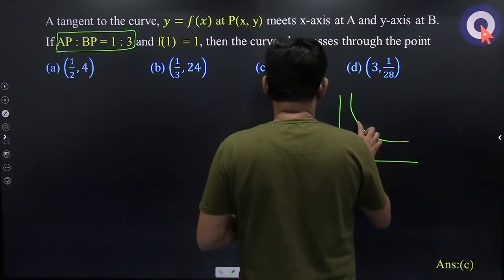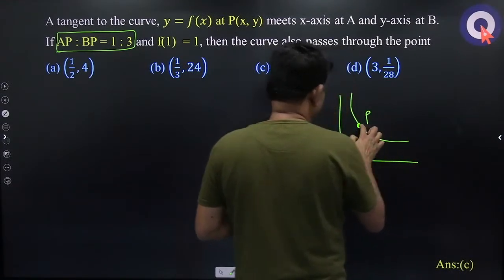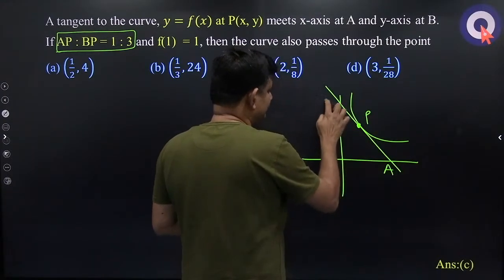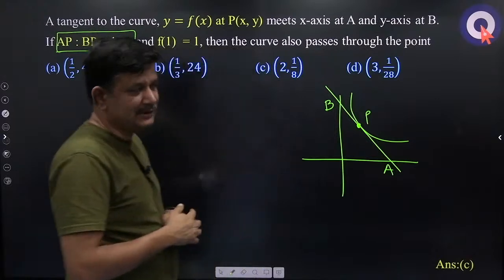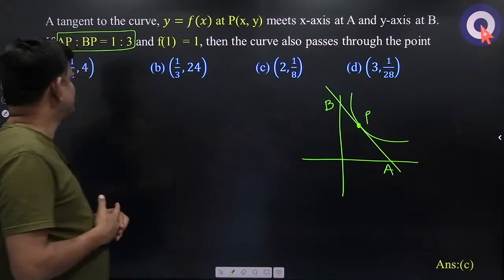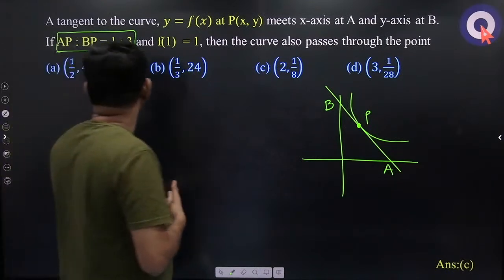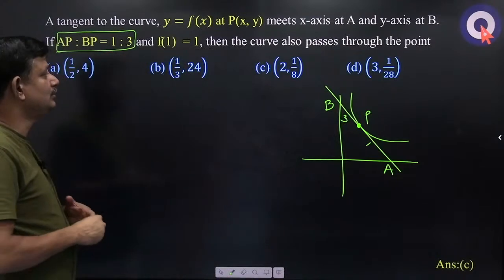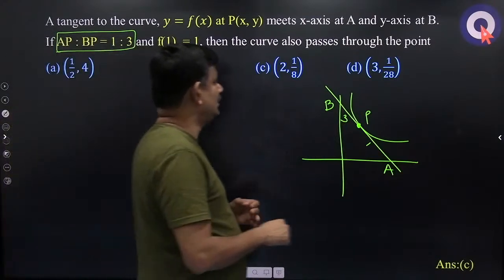At the point P, you are drawing a tangent to cut x-axis at A, y-axis at B. AP is to BP, he says, is 1 is to 3. If this is 1, he says this is 3. Okay. What is this point? x comma y.